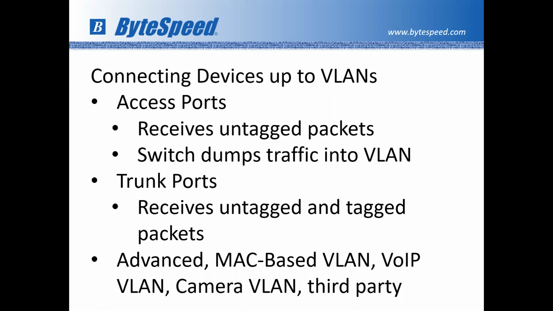Camera VLANs, kind of a similar concept. The MAC addresses of particular cameras, the first half of it is going to be the same, depending on the manufacturer, and then we know that we can take the traffic from those cameras and dump it into the camera VLAN, where the camera server needs to get access to the cameras, but nobody else.